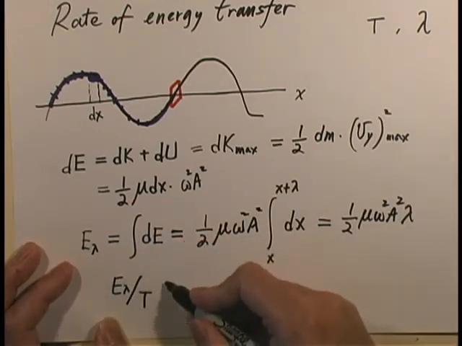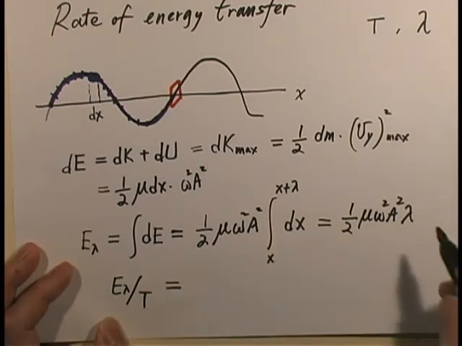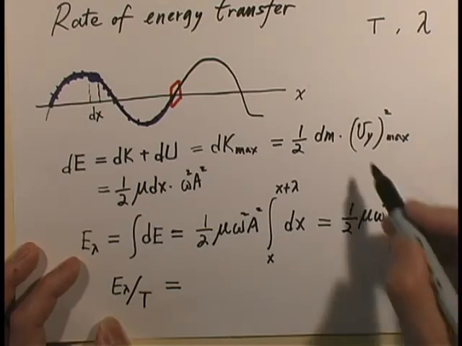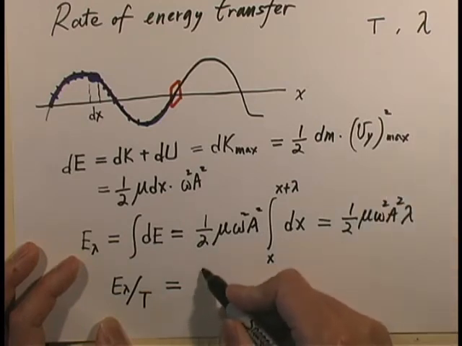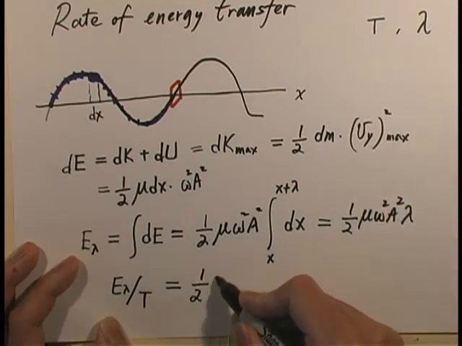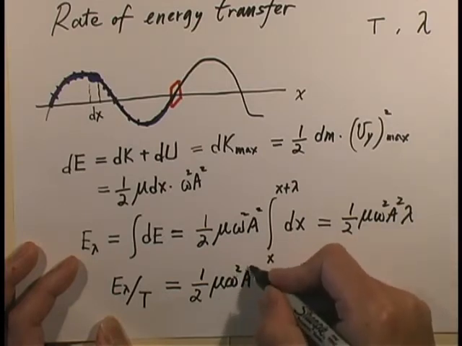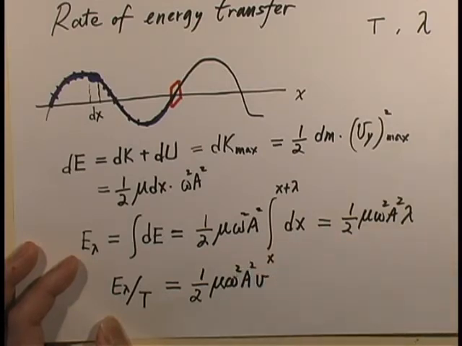Okay, so let's see what that is equal to. You have this expression and you divide it by T, right? So you take lambda over T. What's that? Oh, isn't that the speed of the wave? Okay, v, the speed of the wave, not vy, but v, the speed of the wave. So isn't that equal to 1/2 mu omega squared a squared v, right?